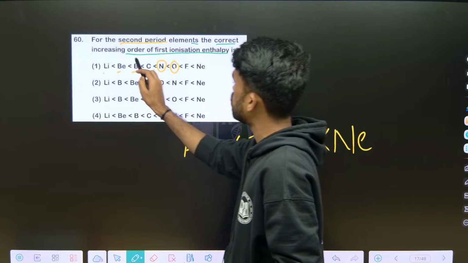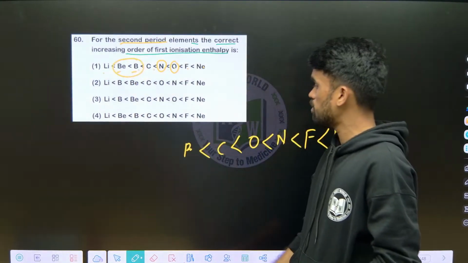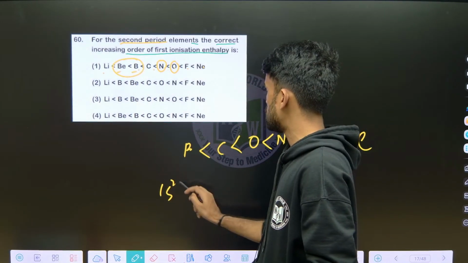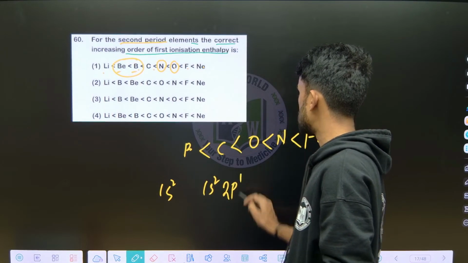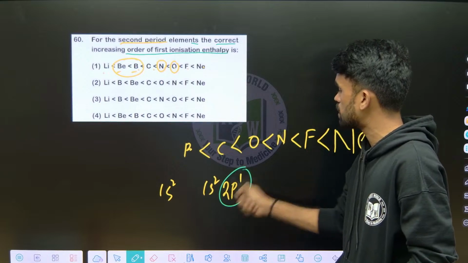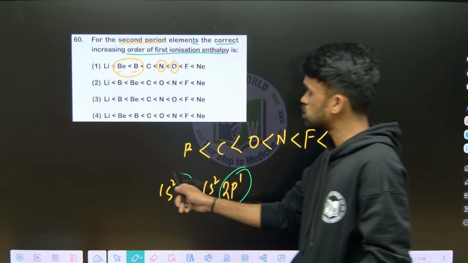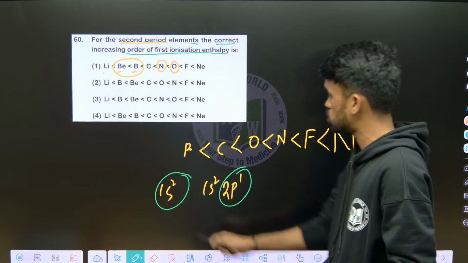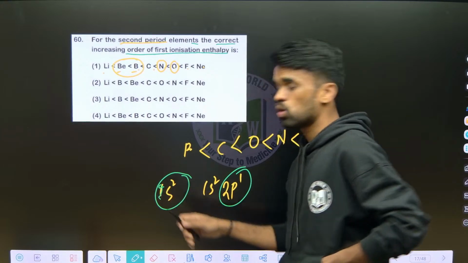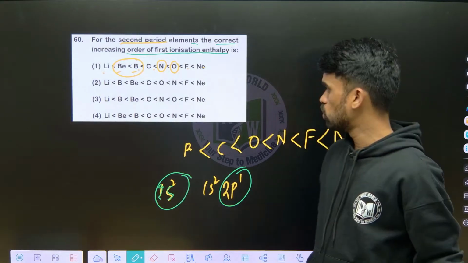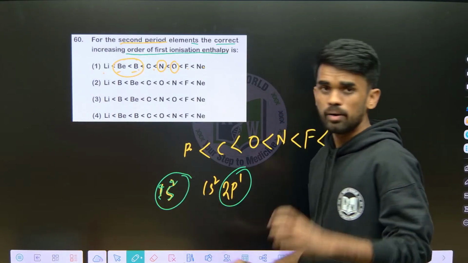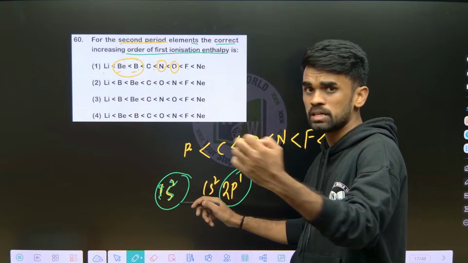When it comes to boron and beryllium, since beryllium has 2s2 configuration and boron has 2s2 2p1 configuration, it is easier to remove an electron from the 2p1 orbital than from the 2s2 orbital, because of its closeness to the nucleus. The 2s orbital is very close to the nucleus, so it has a high tendency towards the nucleus.